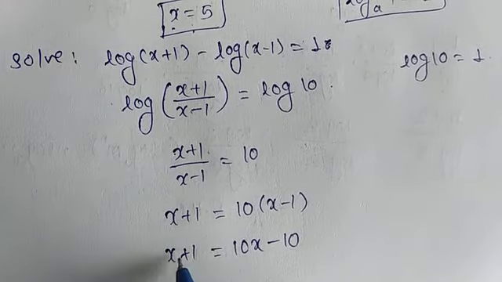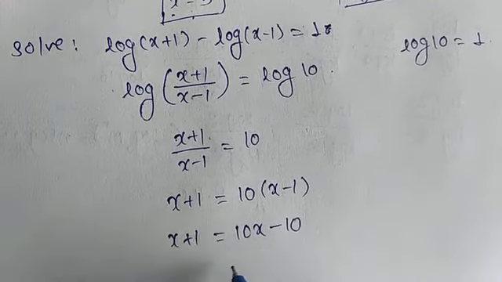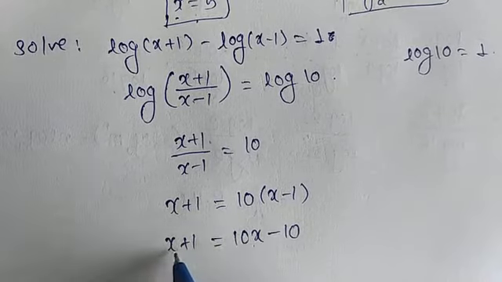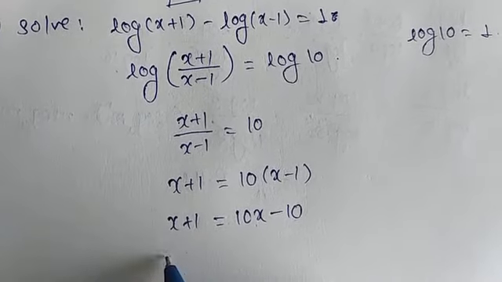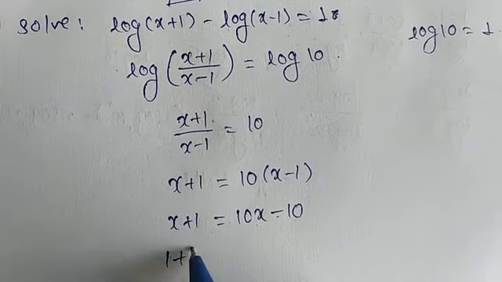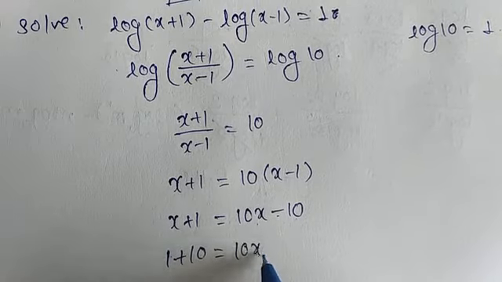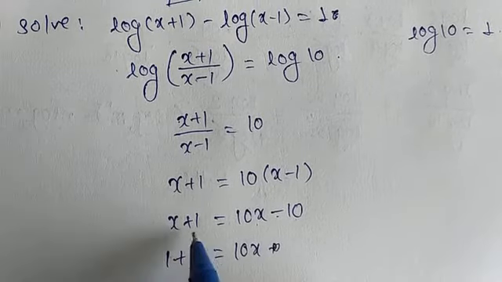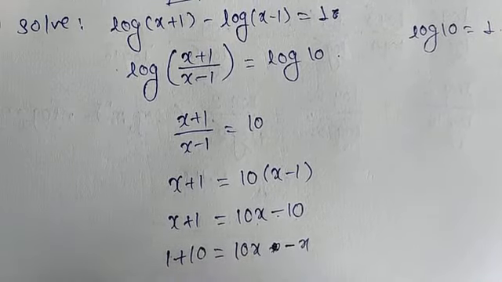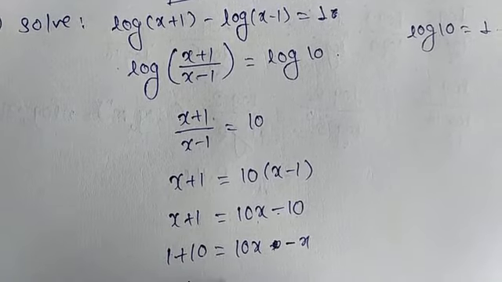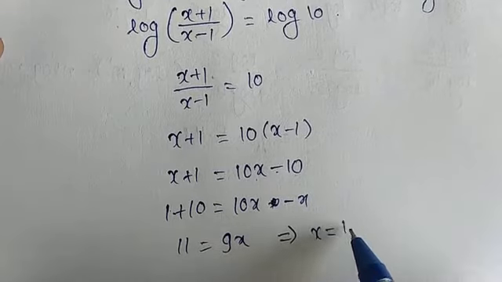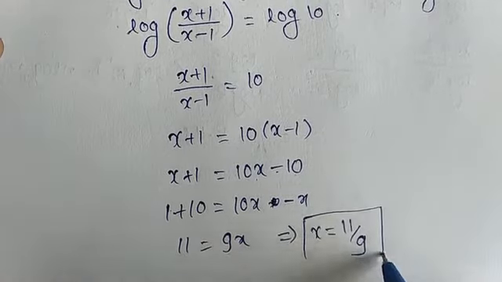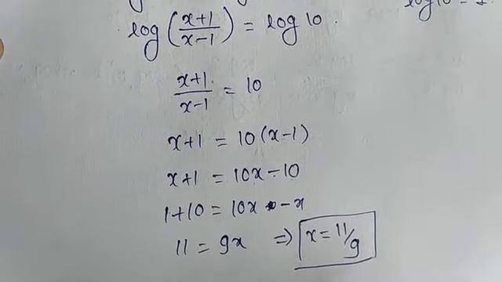Now we shift 10x to the right side and the constant to the left side, so it will be 1 plus 10, here 1 is and minus 10 becomes plus 10, is equal to 10x minus x. So here it is 11 is equal to 9x, which implies that x is equal to 11 upon 9. Okay, which is our required solution.